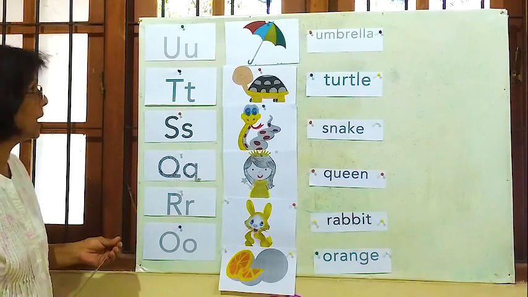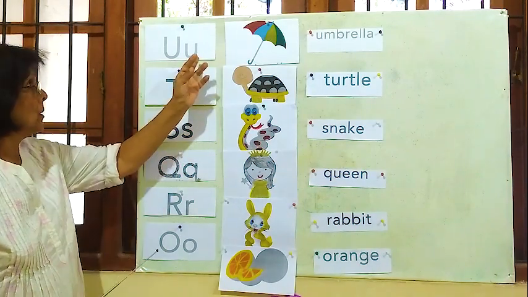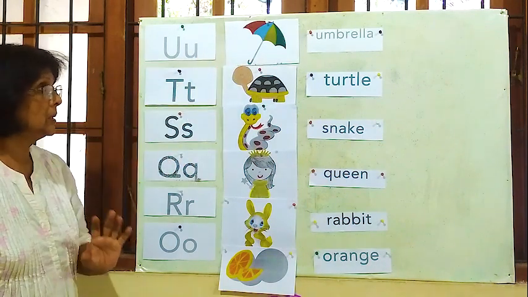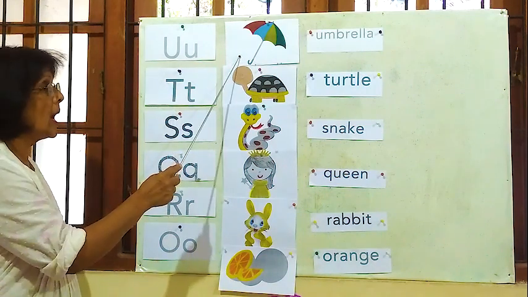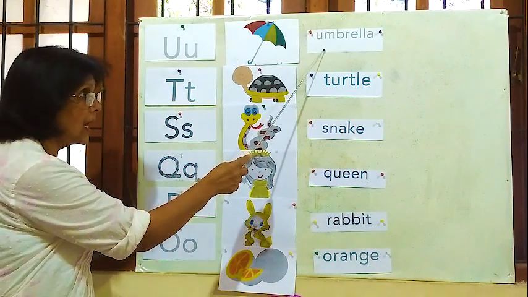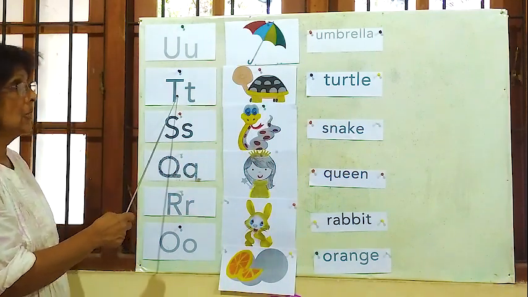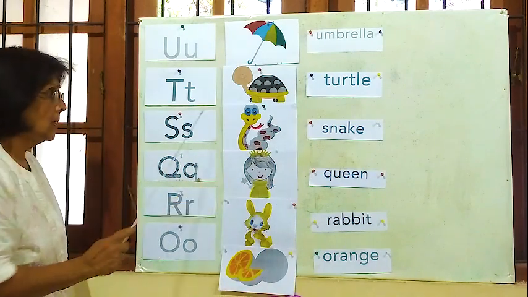Now we'll read again and see how the letter and the picture and the word, right? Now here, U, umbrella. T, turtle.